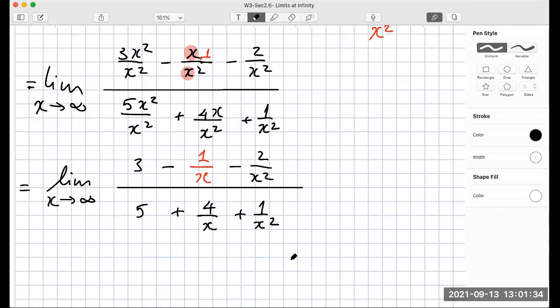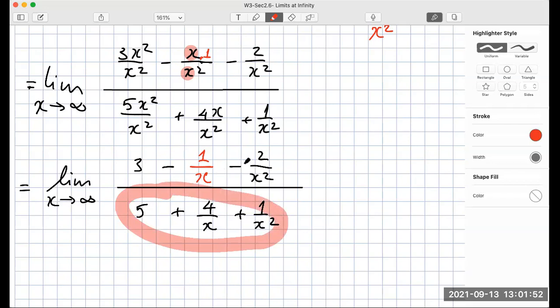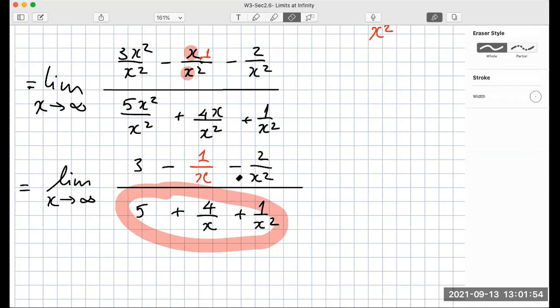Now, when x goes to infinity, can the denominator become 0? It's always non-zero, right? If x goes to infinity, the whole thing here is always different from 0. So which limit properties should we use here?